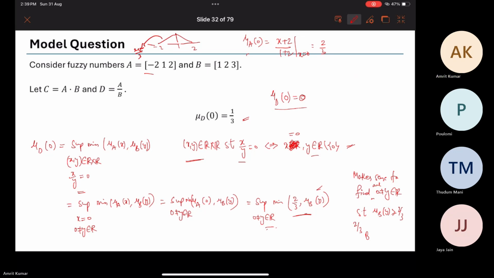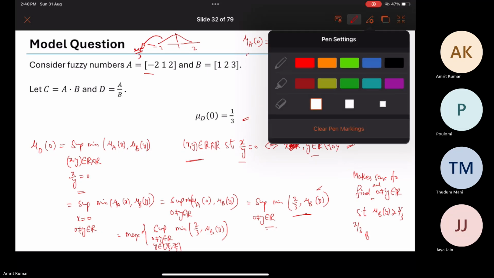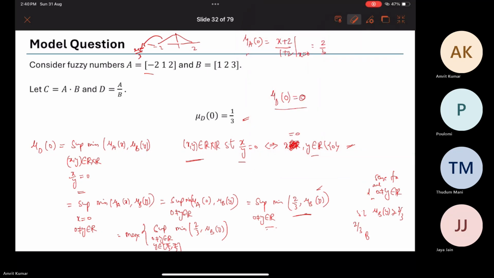Now, this can be broken into two supremums. That is why in the start I talked about how you can break a supremum, because it comes in very handy in many questions. So I'm breaking this supremum into two parts.